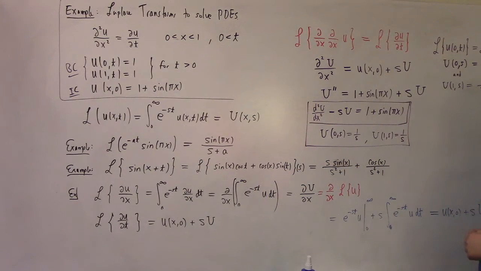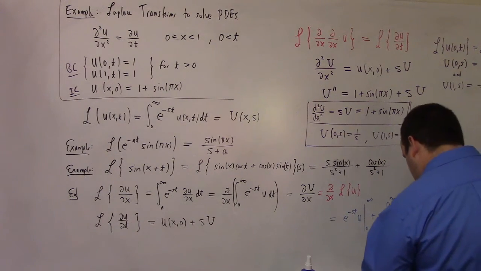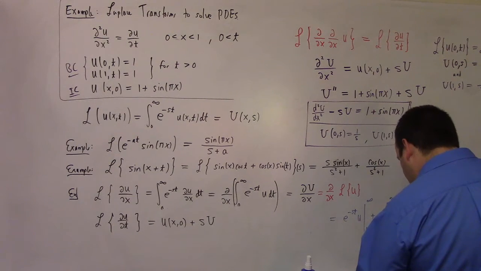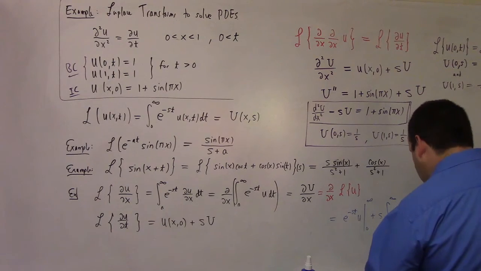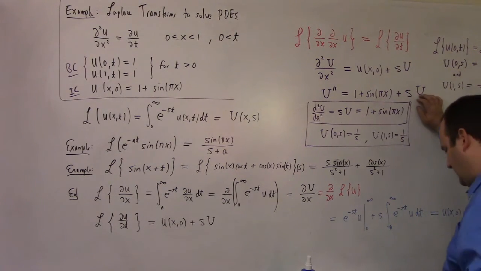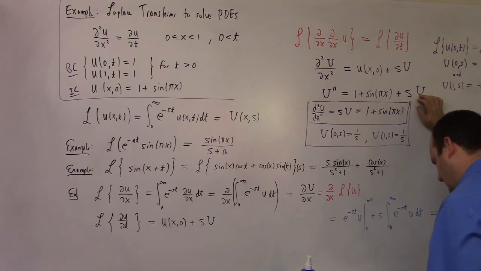Solve for the roots of the homogeneous part. R squared minus s, square root of s. Sorry, his solution here is mysterious to me.